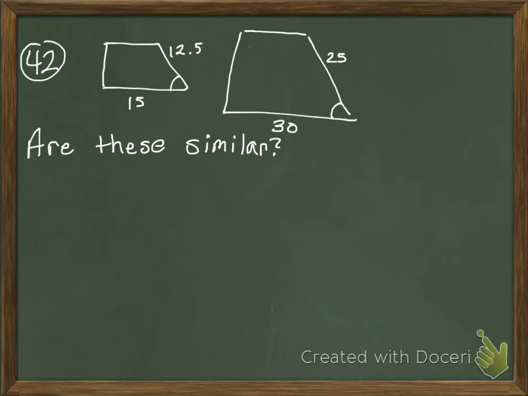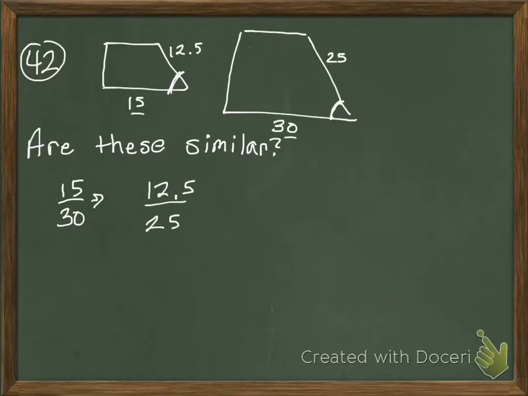Okay, 42 asks if two shapes are similar. So in order for shapes to be similar, they need to have the same angles, which we have here, and here, and their sides need to be proportional. So the angles check out. Now we need their sides to be proportional. So 15 over 30 needs to be the same as 12.5 over 25.